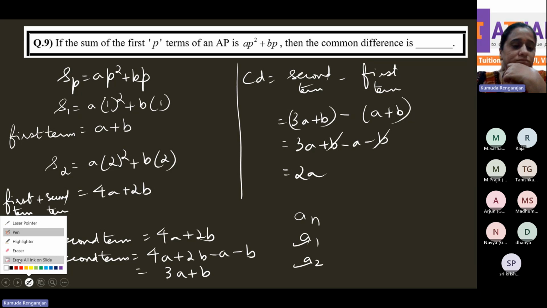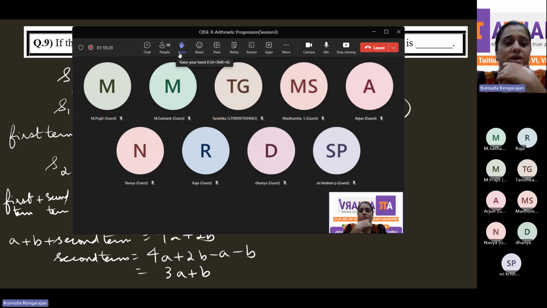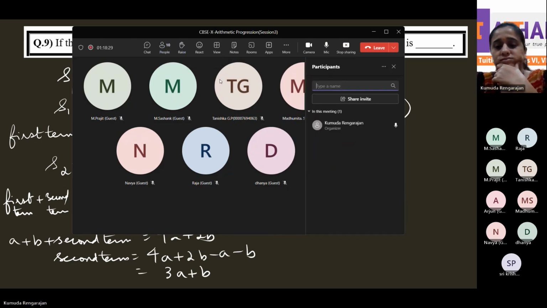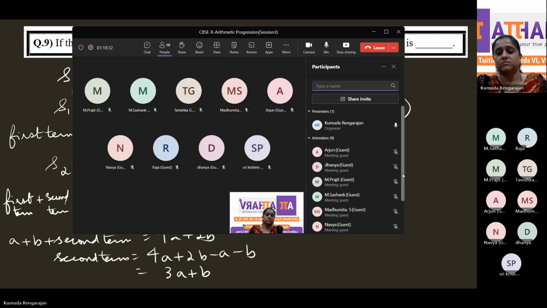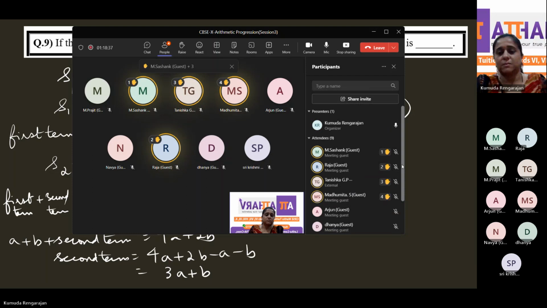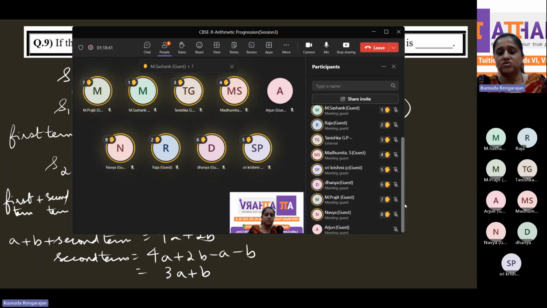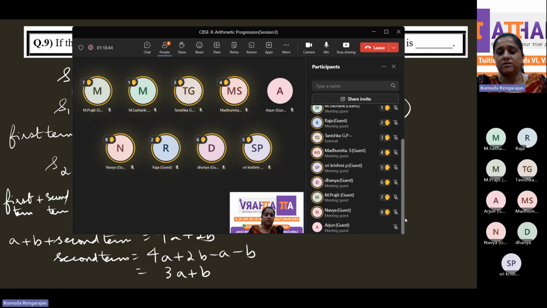Done writing, all of you? Online students, use the emoji, raise your hand. Sashank, Raja, Tanishka, Madhumita, Shri Krishni, Danya, Prajit, Navya, Arjun.